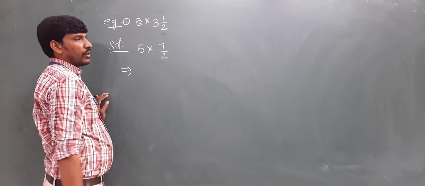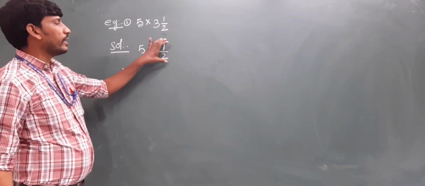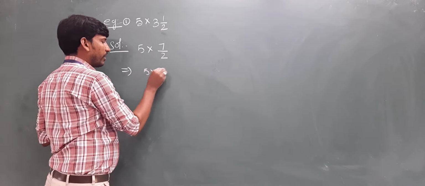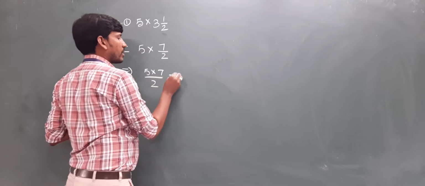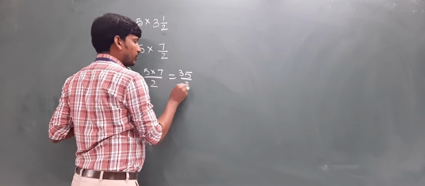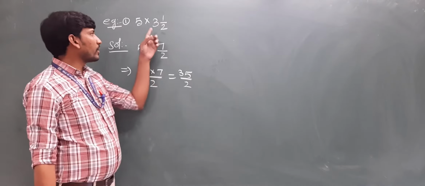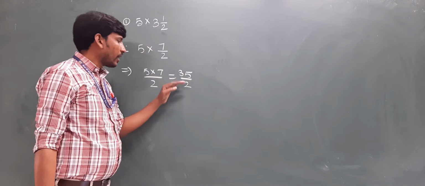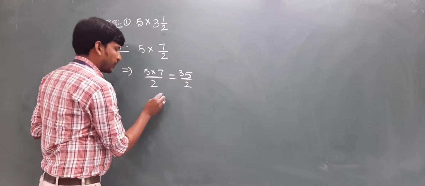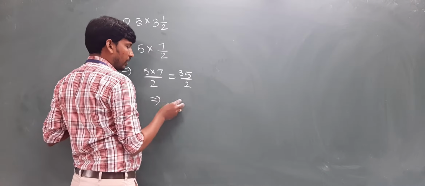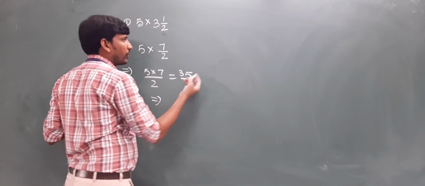Now generally, as in the morning, we did a whole number and an improper fraction. 5 into 7 by 2, which is equal to 35 by 2. See, we got an improper fraction. Okay, but the question is a mixed fraction. Convert into a mixed fraction. To convert, you have to do division. How to do division?